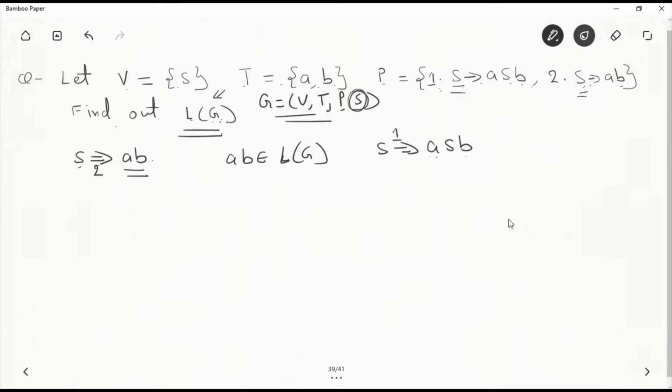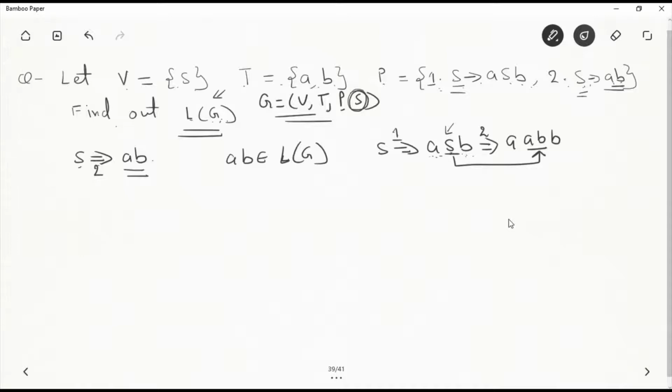But this is not a combination of terminal symbols. We have this variable, so what can we do? We can apply the second production rule, S is rewritten as AB. So this S is replaced by this AB, giving A, AB, B.